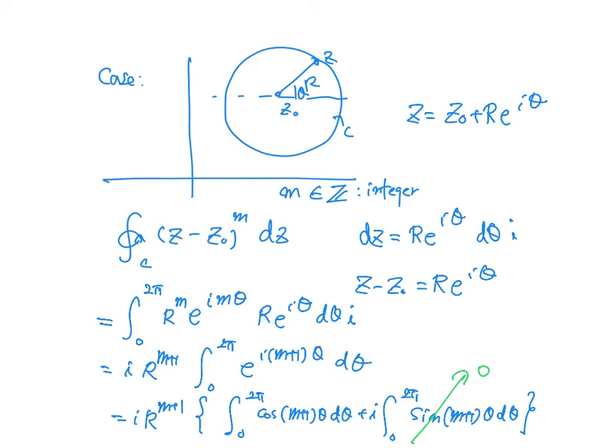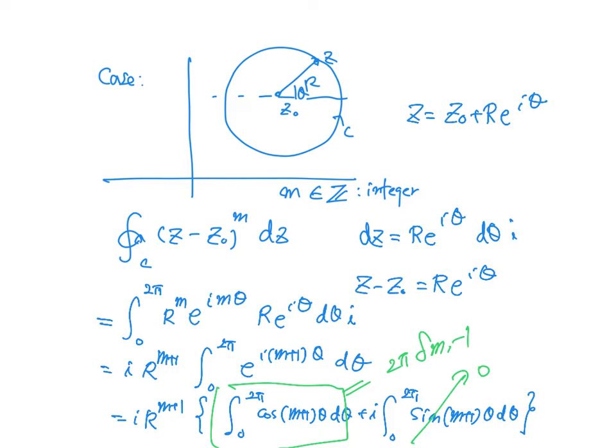So this is actually 2 pi delta m minus 1, right? So when m is minus 1, then cosine of m plus 1 is cosine 0, which is 1, so this is 2 pi.